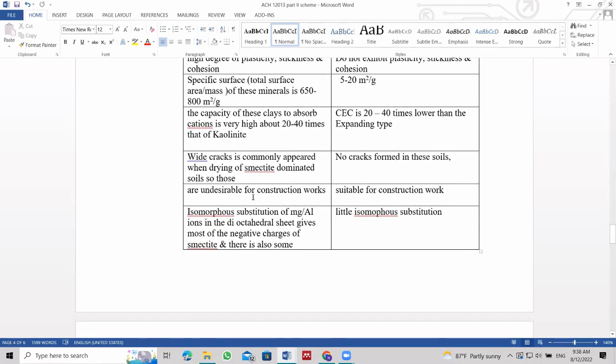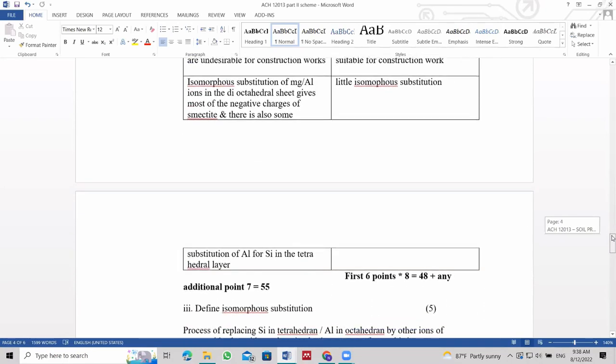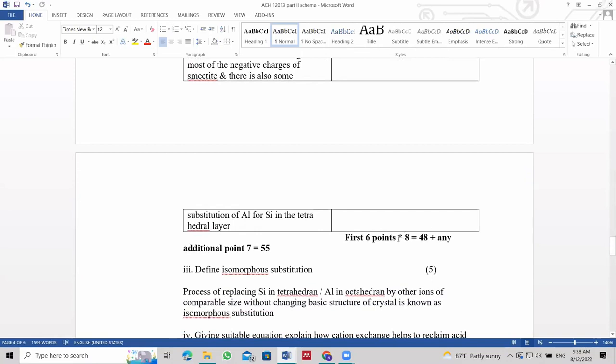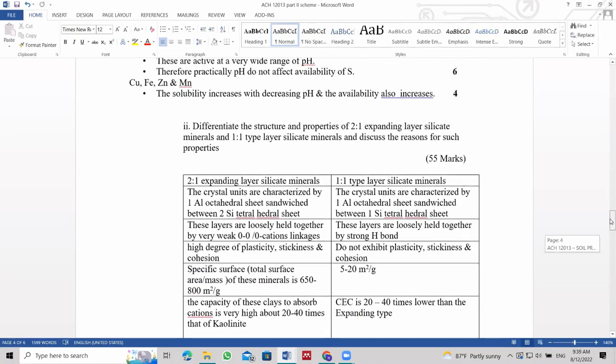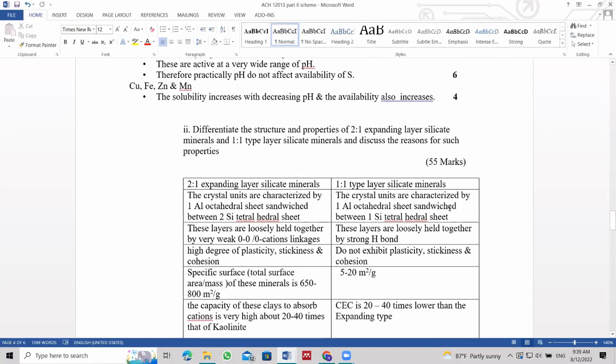These are undesirable for construction. 1:1 are suitable for construction. And also isomorphous substitution is high here. Okay, so first 6 points for 8 marks, and any additional point for marks. Okay, so that is the difference. So you should know the differences between different types. If it is 2:1 expanding and 2:1 non-expanding, the differences will be here.